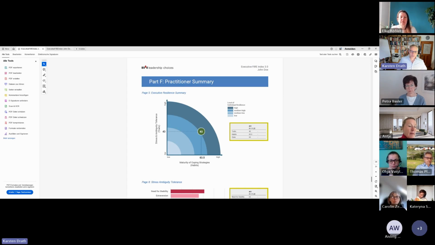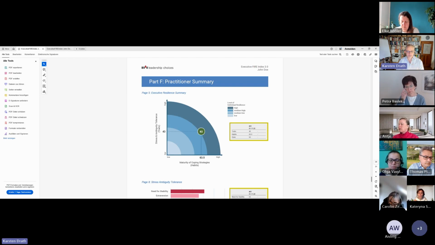But let me do the logic here and see how we can connect the dots and what would be good questions to ask. So first of all, what we see here is the executive summary. We see on the vertical axis the traits, so everything related to resilience that is innate to the personality of a client.